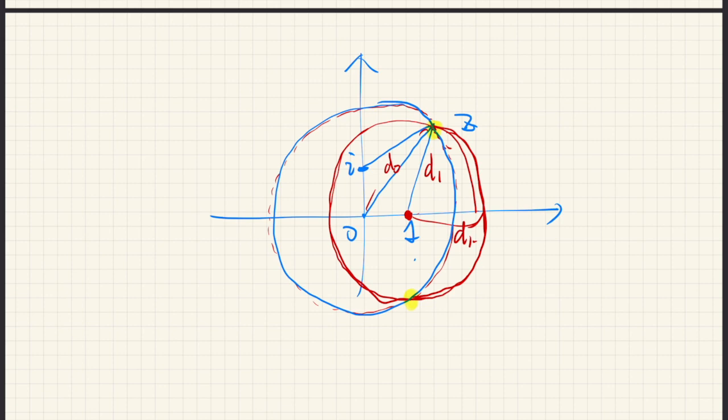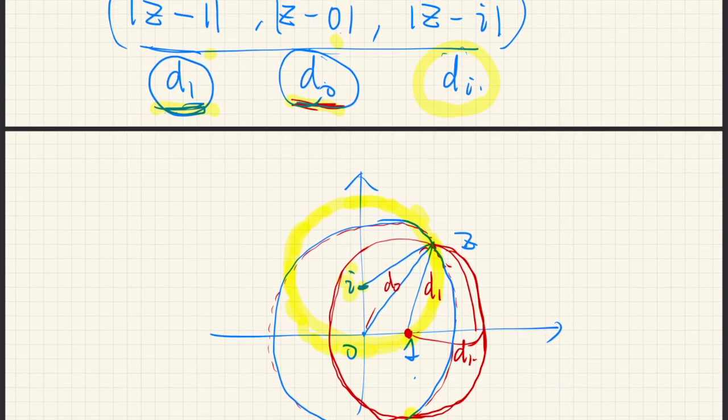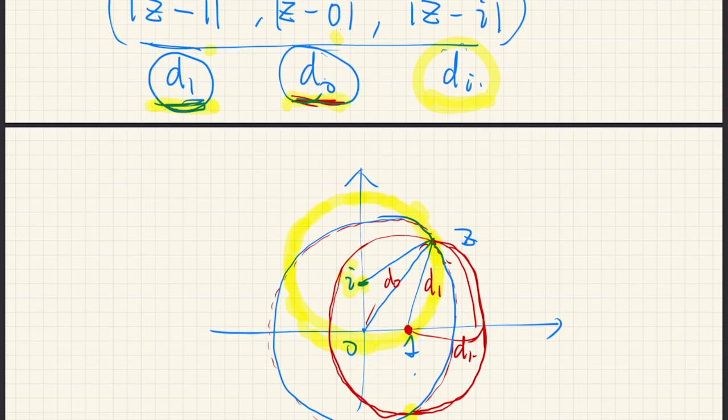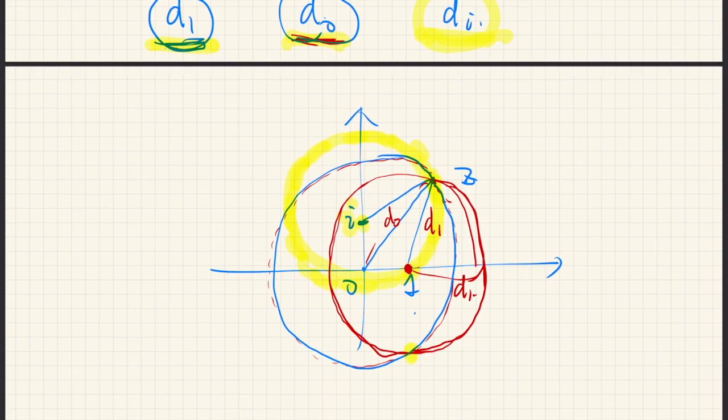However, if we specify another distance, di, then what happens? The set of points that are separated from the point I by a distance of di is defined by this circle centered at I. All the points on this circle have the distance of di from the point I. So if we give these 3 distances at once, then the only point that satisfies that constraint is this point.